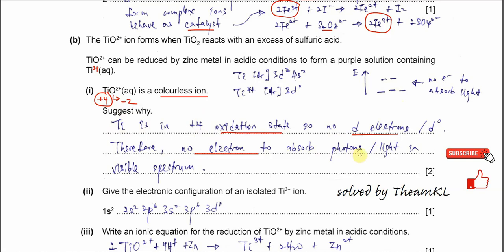No absorption of light, therefore we cannot see a certain color. In order to form color, we need electrons to absorb a certain wavelength, and we will see the complementary color. No light absorbed means all the light passes through, so we'll see colorless. So it's a colorless ion.